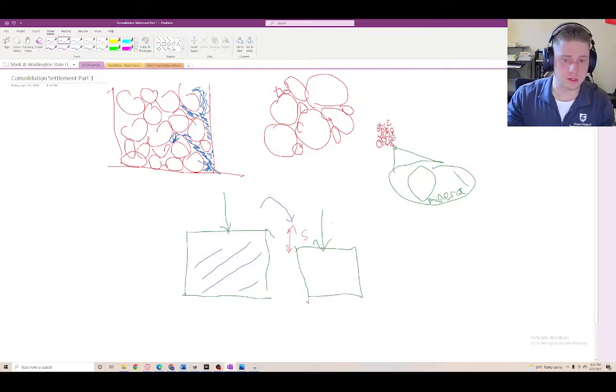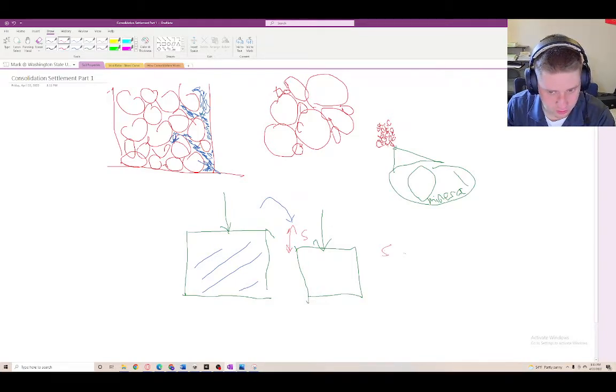Now, there's different parts for settlement. We're gonna call this total settlement, and I'm still getting used to these styluses, so give me a break. You have three components. You have the immediate settlement, you have the consolidation settlement, which is what we're going to be talking about, and you got the secondary settlement.